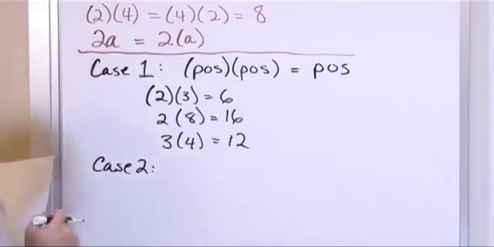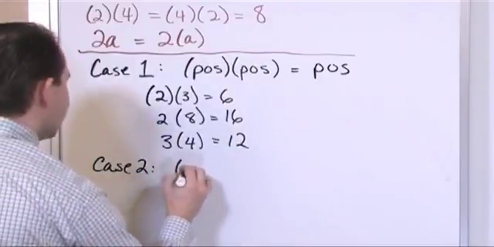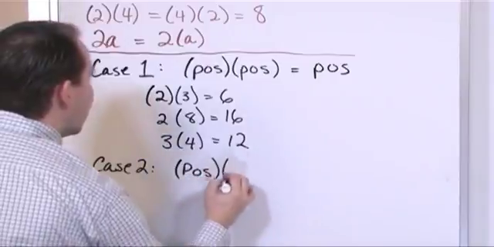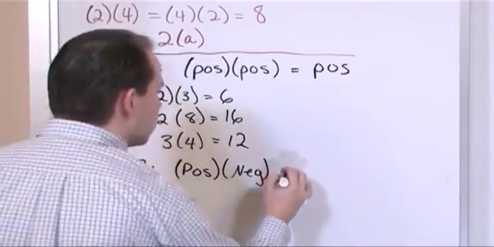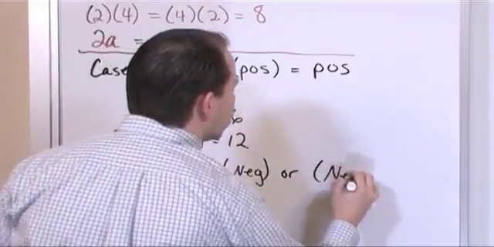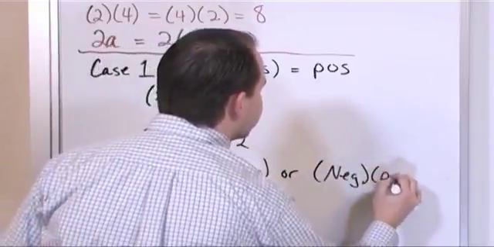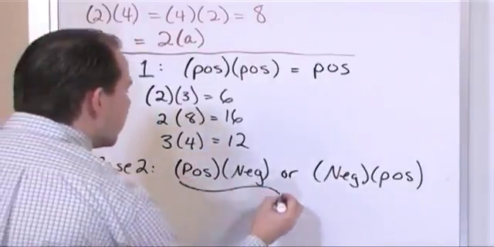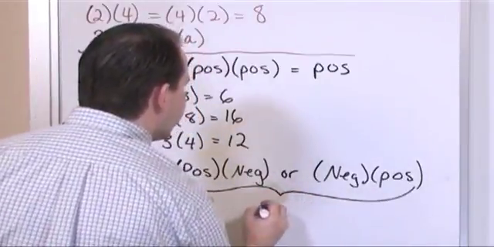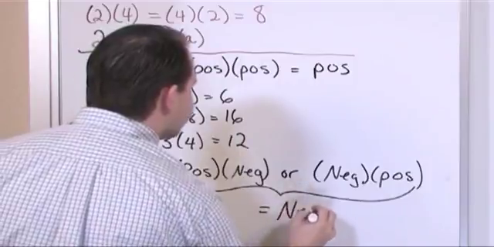If you're multiplying a positive times a negative, right? Or a negative times a positive, right? If you're doing either one of these, then the result is always going to be negative.